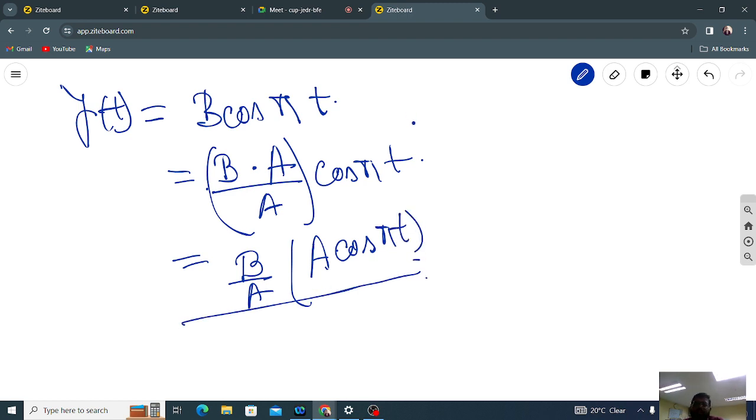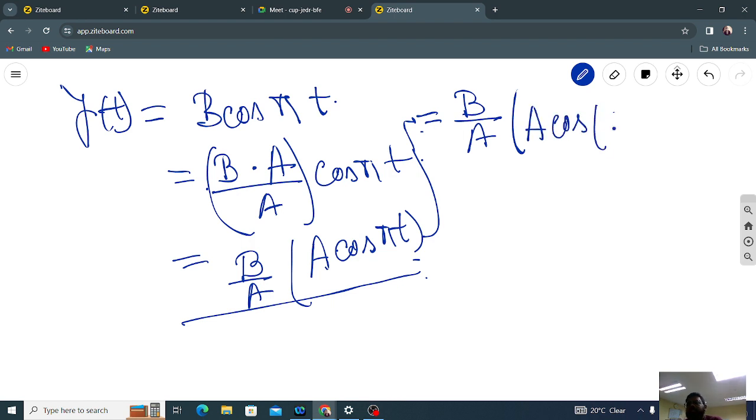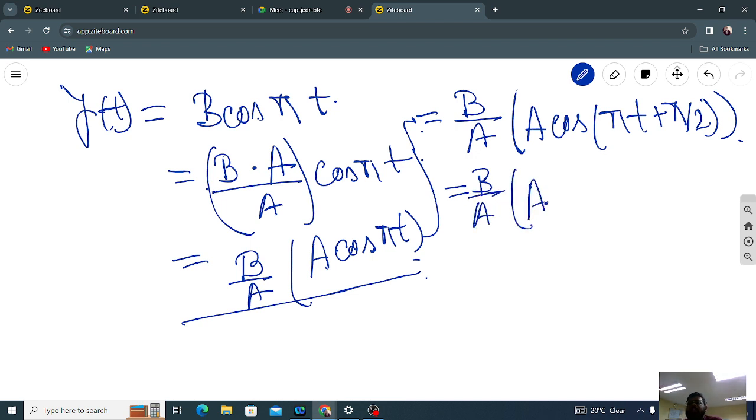Right? Similarly, from here we can write it as b by a into a cos of pi t plus pi by 2. Similarly, this will be b by a into a cos of pi of t plus 0.5.